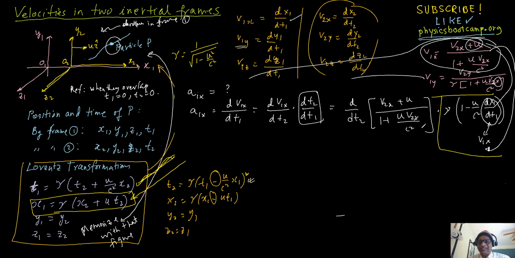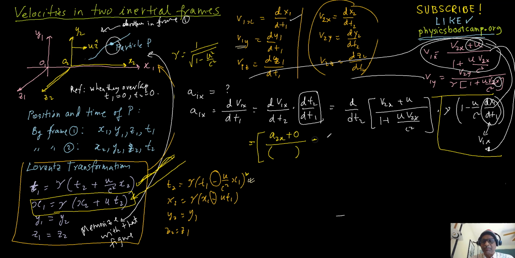Now this is pretty nasty, right? You can see that I will have to do a product rule over here. And if I do a product rule, in the numerator I get a2x plus 0, and the denominator remains the same.